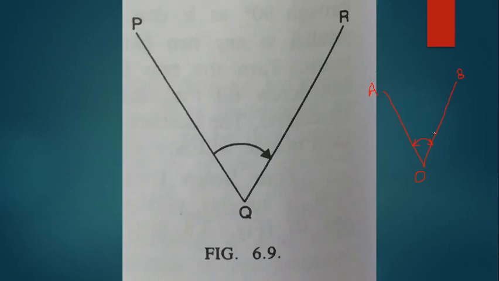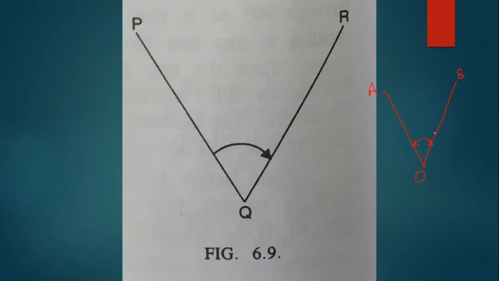Again you sum up the main scale reading and the vernier scale reading of vernier B, and you get the final reading on vernier B also. Then the average of these two is nothing but one reading, repetition one reading on the first set.